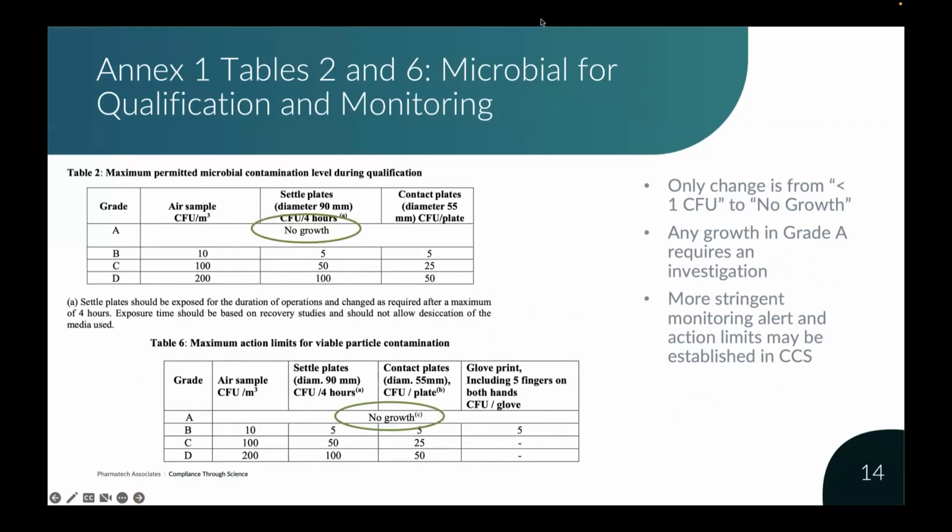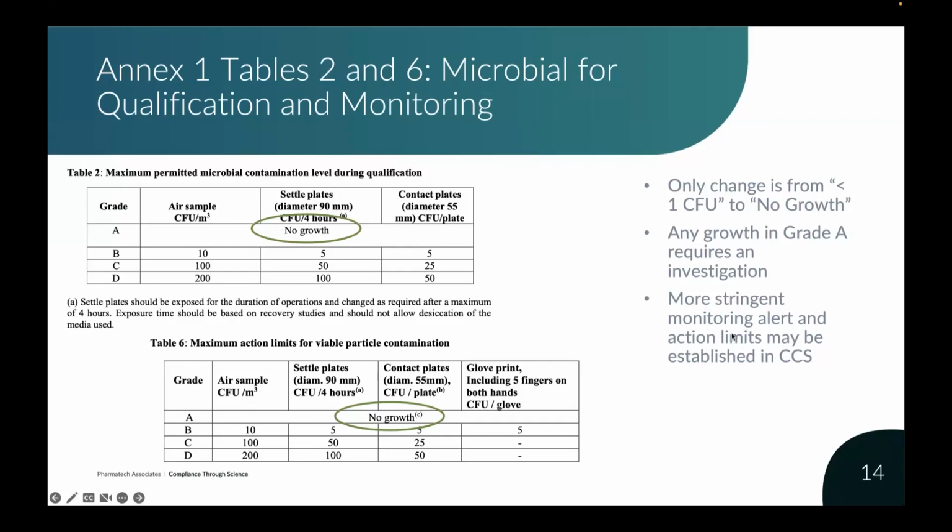The main change from the previous version was that it used to say less than 1 CFU, and now it says no growth. It's trying to make it very clear that there's an expectation that any growth within grade A requires an investigation. There should be no microbial growth detected in any of these methods in grade A. And obviously you can't be more stringent for grade A because it's already no growth.